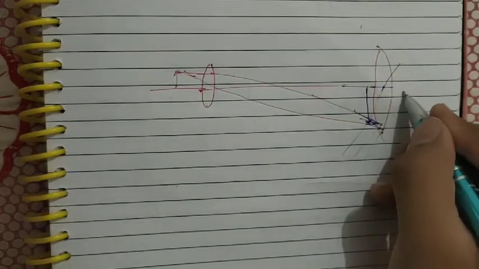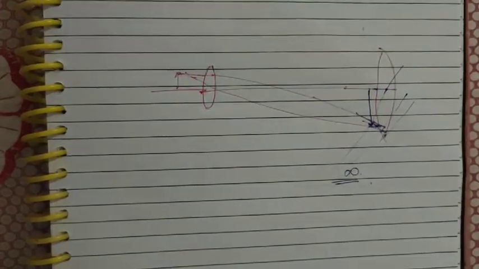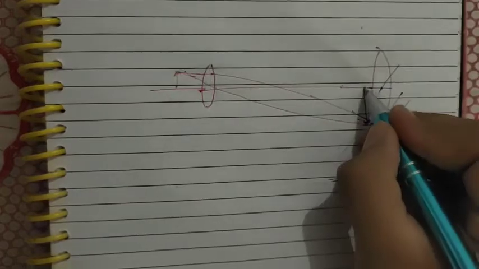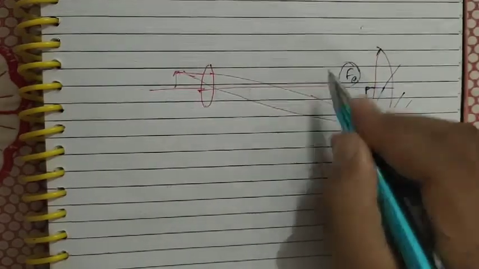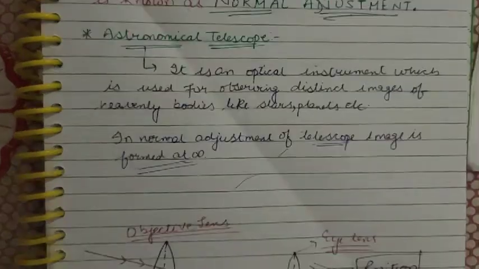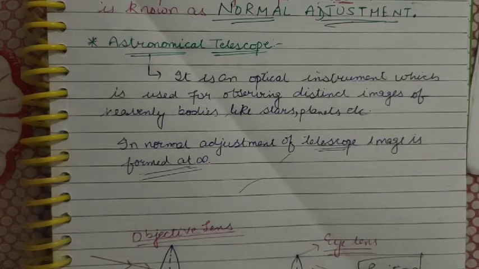And in the backward direction, that means here the image is formed at infinity. It is image formation at infinity. It means it is the focus of the eye lens.